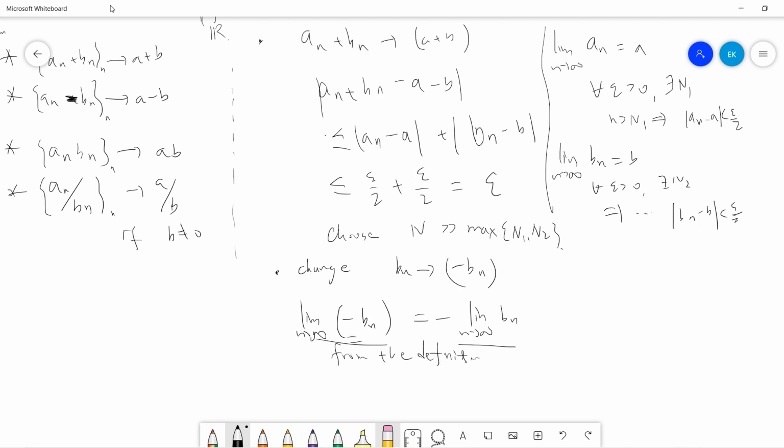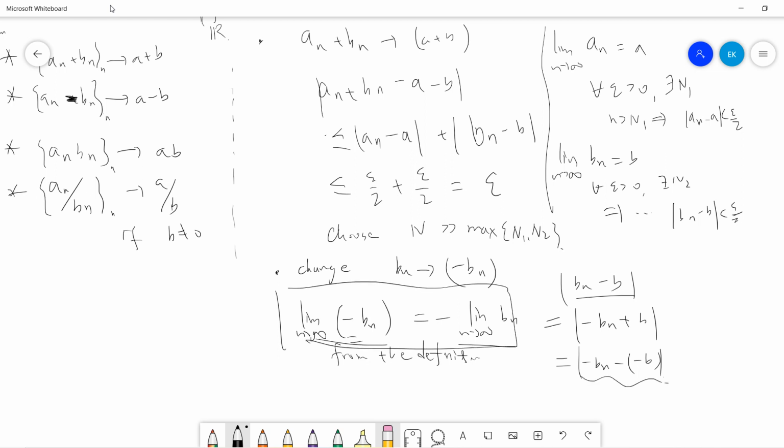When you multiply by minus one, b_n minus b is the same as negative b_n plus b, so it's negative (b_n minus b). If this term can be bounded by epsilon, then this term can also be. So this is basically exactly the same thing.